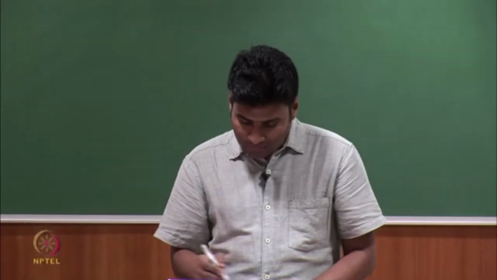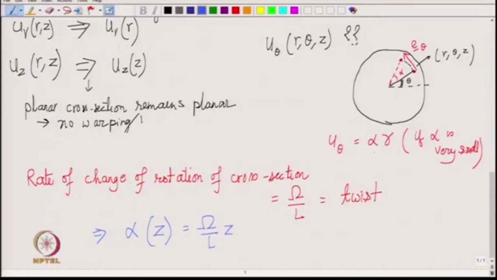Okay, so, we can put this alpha back in this formula for u theta, and then this would mean that u theta is equal to omega by L times r into z.